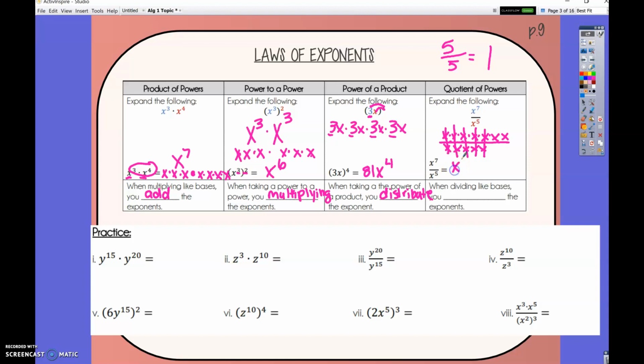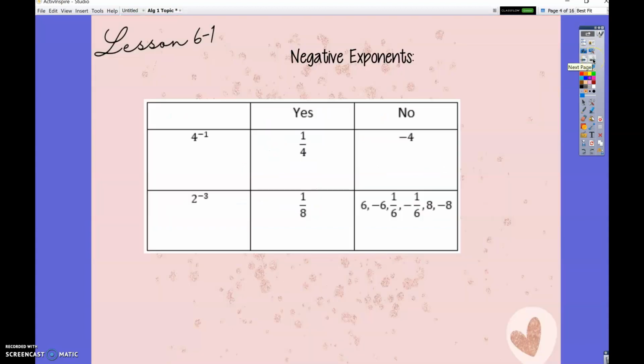Now, since they're left on top, we would leave it like this. We could write it over 1, because all of these were 1's, or we could simply write x squared. If you didn't want to write those all out, think about your 7 and your 5. What could we have done with those numbers to get us the 2? Well, we would subtract. So in your packet, you may want to try some of these extra practice problems to practice exponents. Because from the word exponents, we're going to gather our exponential function, which is the focus of this chapter.